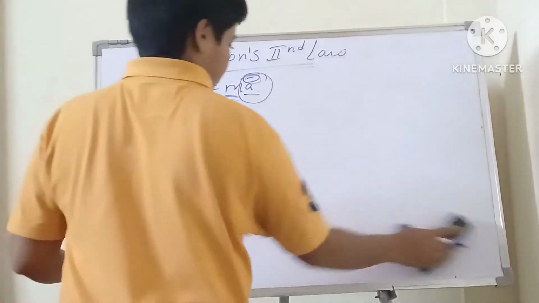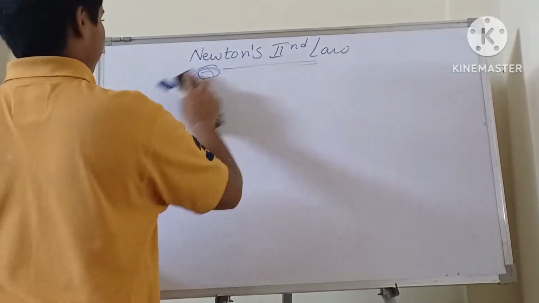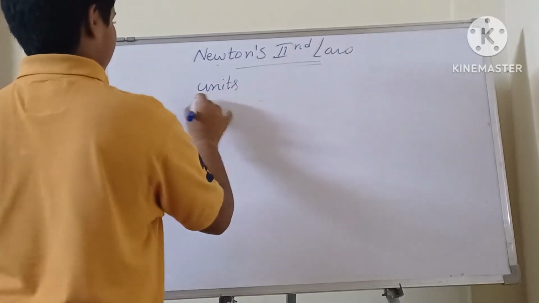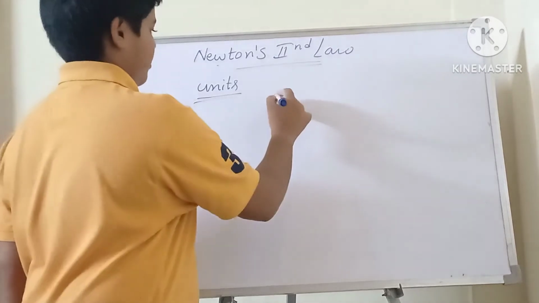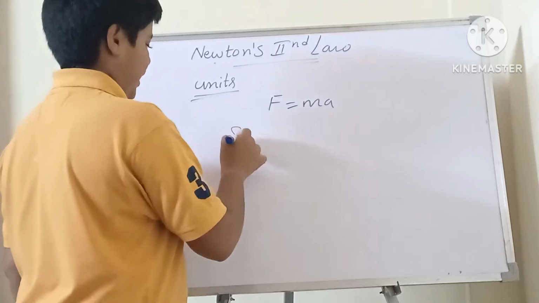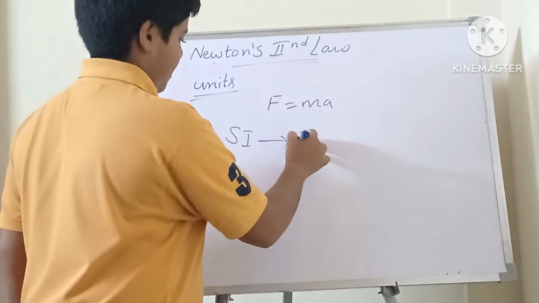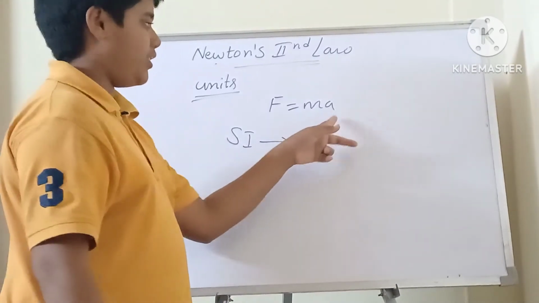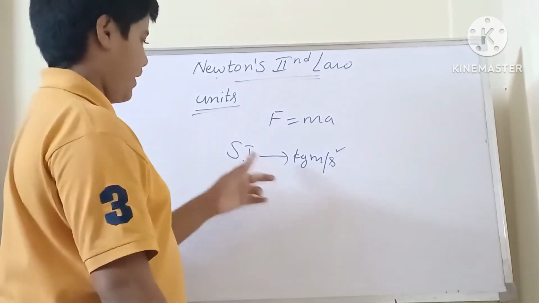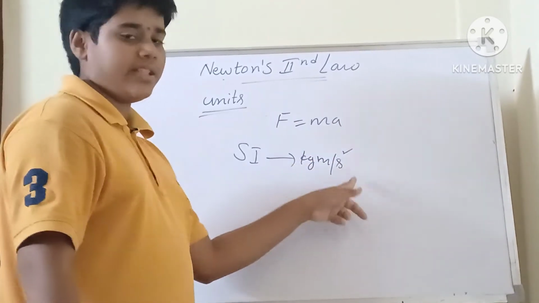Units of force. Here force is equal to ma, mass into acceleration. In this, the SI unit of mass is kg, and the SI unit of acceleration is meter per second square.